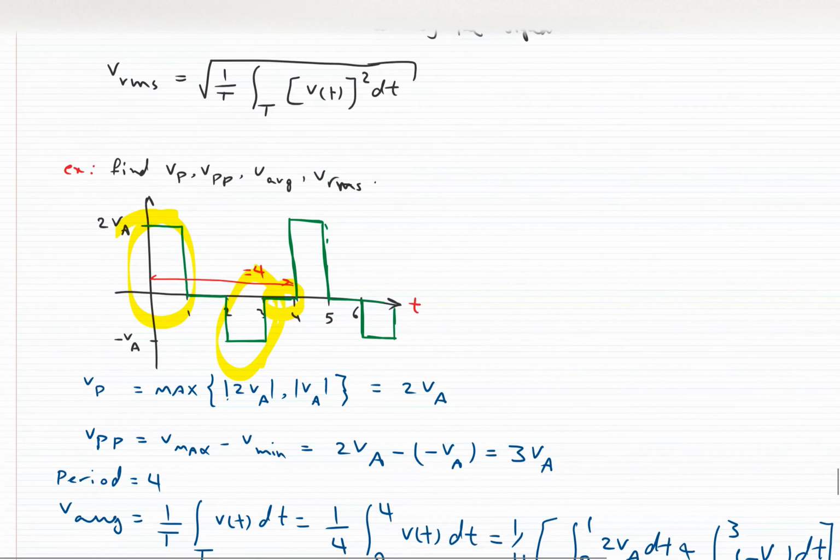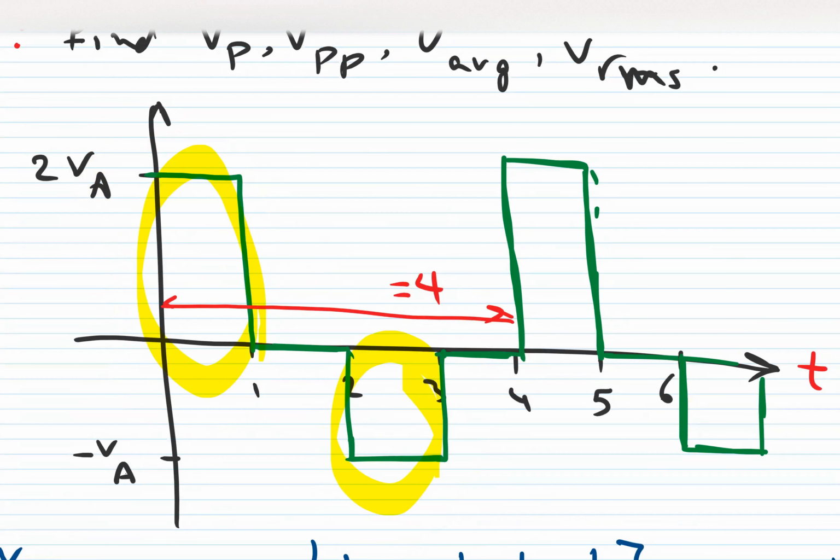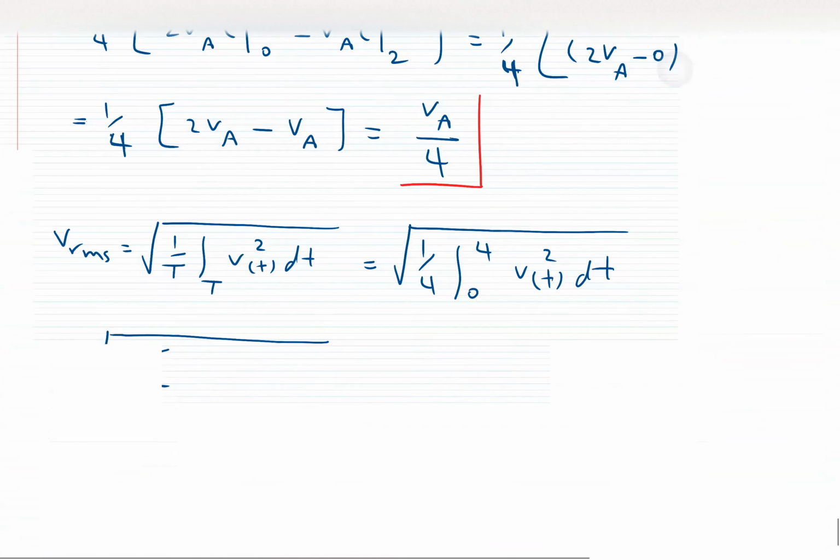We need to consider those parts of the signal which have the signal, so this part and this part. So we split the integral for one period into two integrals, one from 0 to 1 and the other one from 2 to 3. Okay, let's do that.